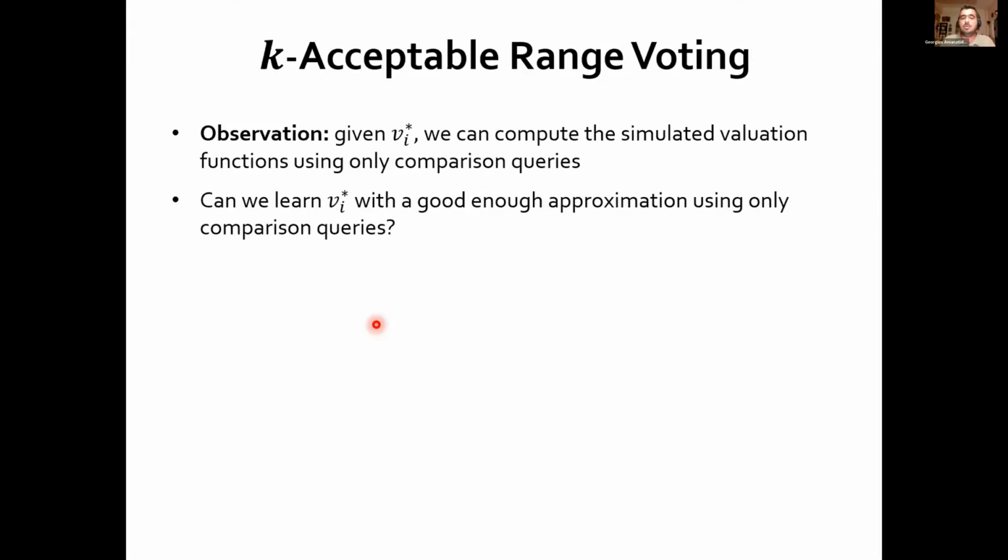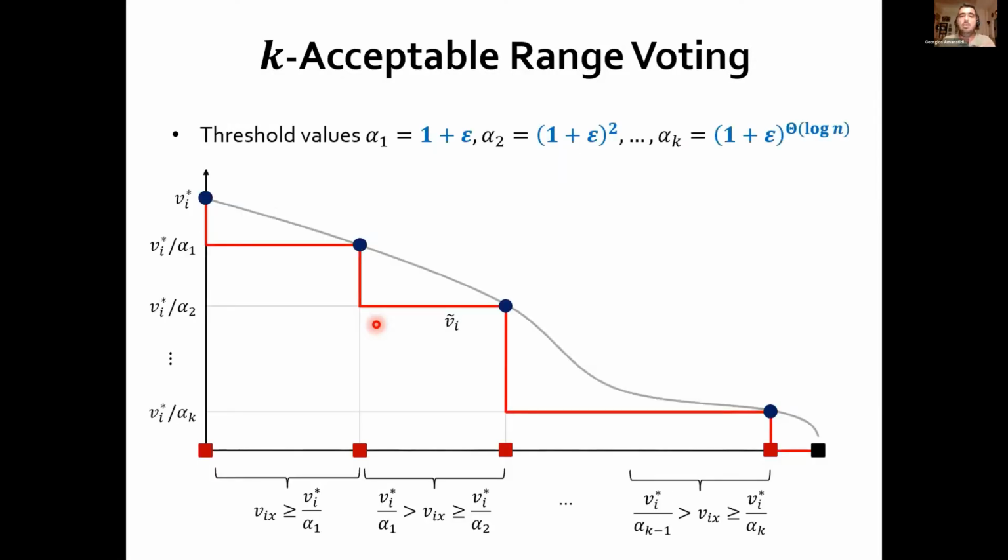Well, in the beginning, I said that if I want to simulate a value query only with comparison queries, this is impossible. And so here we assume that we have unit sum valuation functions. And if we have unit sum valuation functions and we have enough thresholds, so here enough thresholds means logarithmically many, the points are dense enough so that everything falls within a factor of 1 plus epsilon of a neighboring point that we have already calculated.